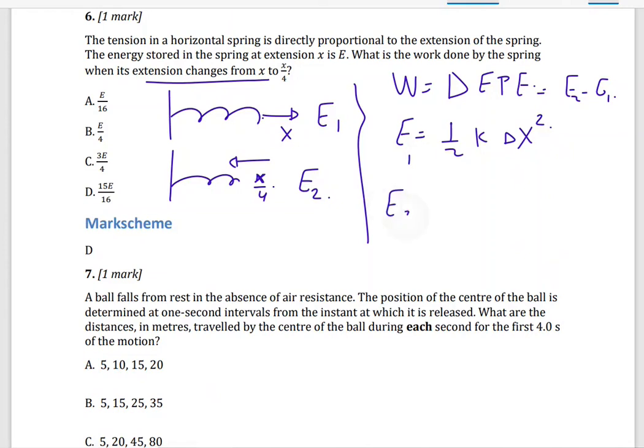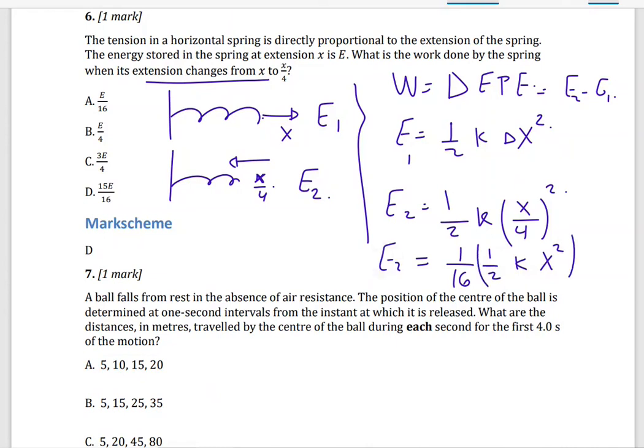E2 will be half the spring constant, and the displacement is X over 4, squared. So this will be X over 4 squared, which is 16. So I will have 1 over 16 of half K times X squared.